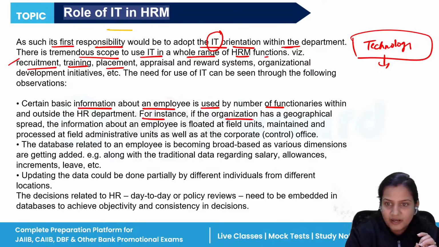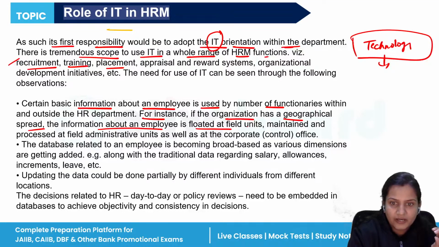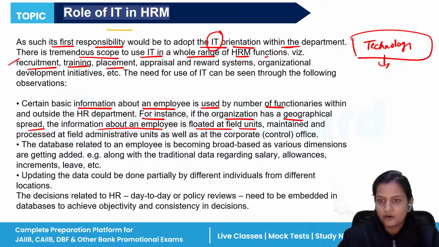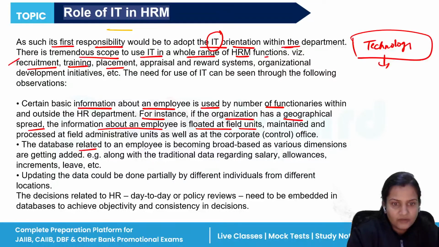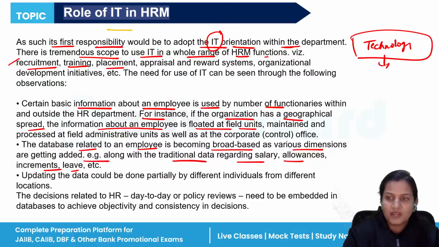For instance, if the organization has a geographical spread, the information about an employee is floated to field units. If our organization is located across a geographical area, definitely we need every kind of information of an employee, and it should be floated among all the sectors. The database related to an employee is becoming broad-based as various dimensions are getting added, beyond traditional data regarding salary, allowances, increments.